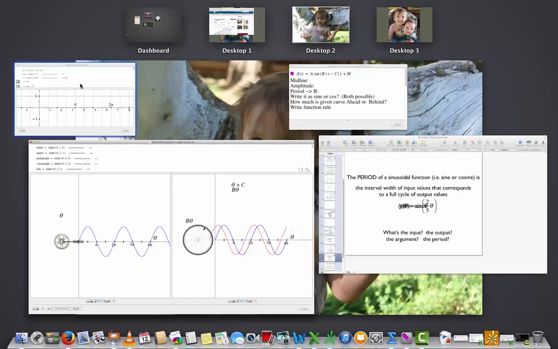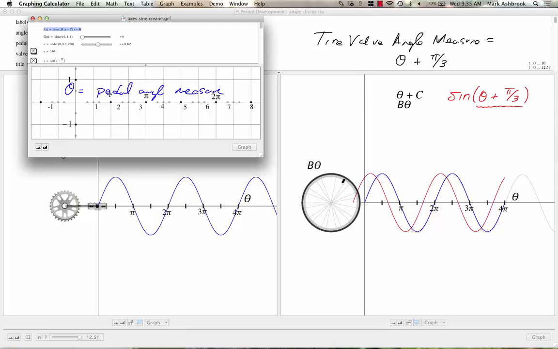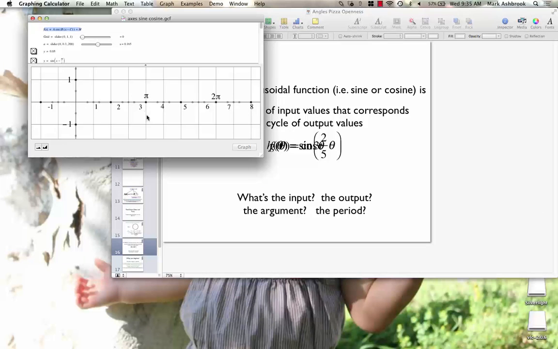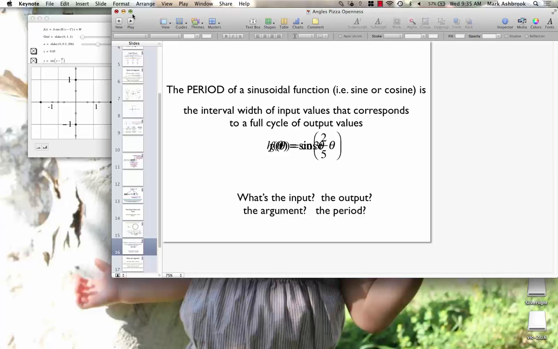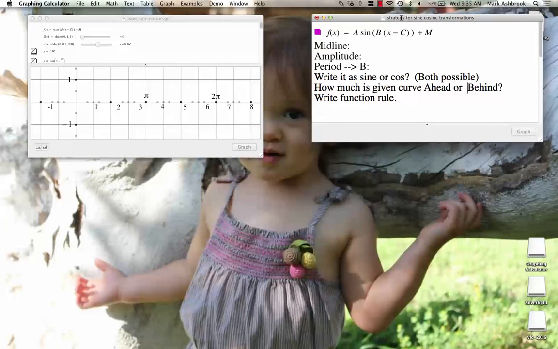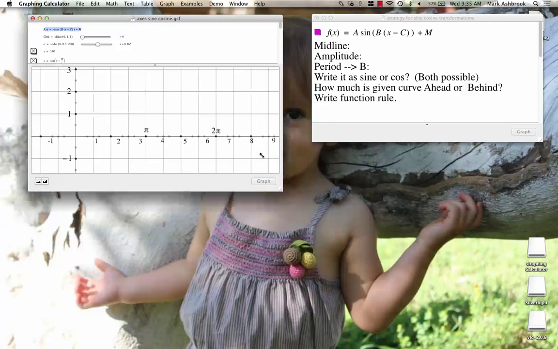So let's look at a couple examples here. So here's our general form.